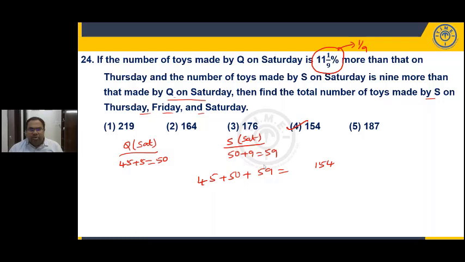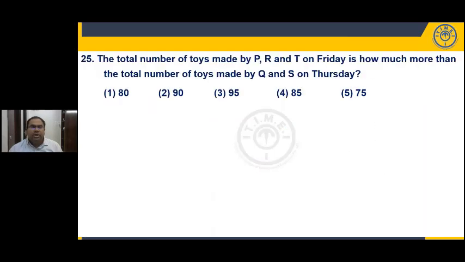Correct. Bharti and Anbu. Others are not replying. What happened? Okay, last question. Total number of toys made by P, R, T on Friday, P plus R plus T, how much more than total toys made by Q and S on Thursday? Simple question.